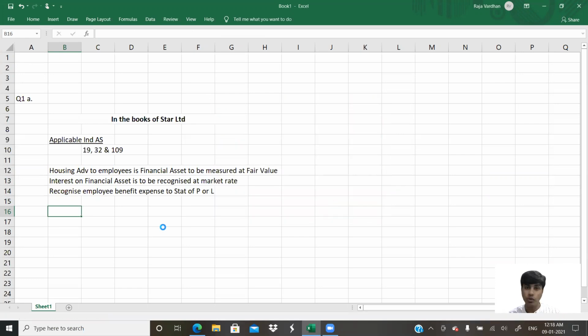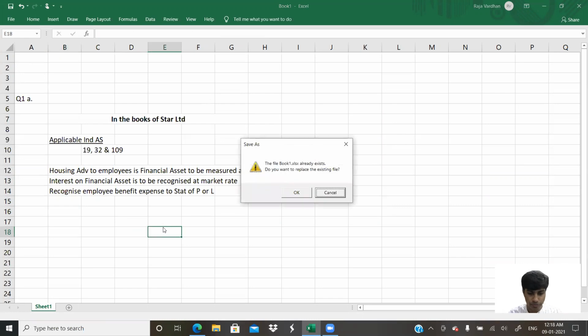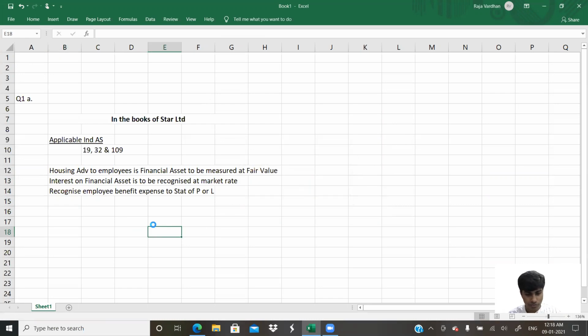Okay, come on. So let me now start the answer. Year 1, year 2, year 3, year 4, year 5. When I say year 1, it is 2020-21, then 2021-22, 2022-23, 2023-24, 2024-25.